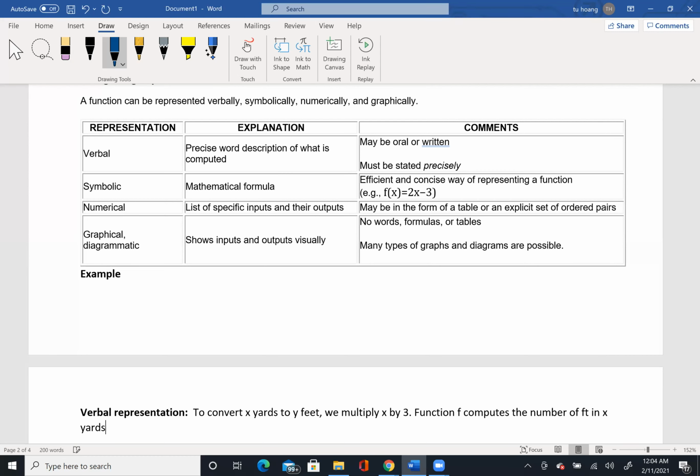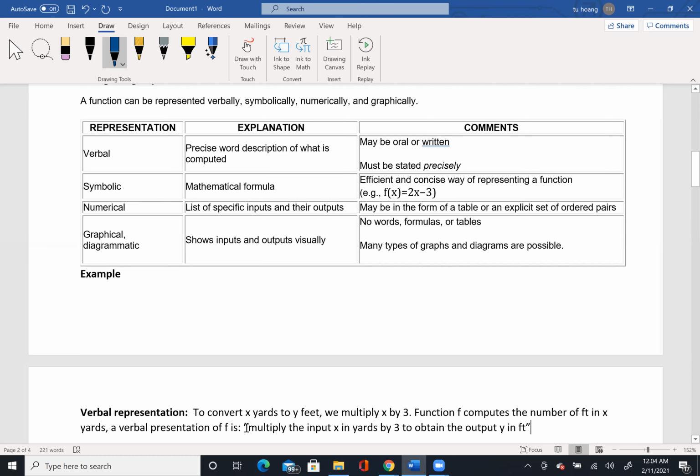With a verbal presentation of f is: multiply the input X in jars by 3 to obtain the output Y in feet.